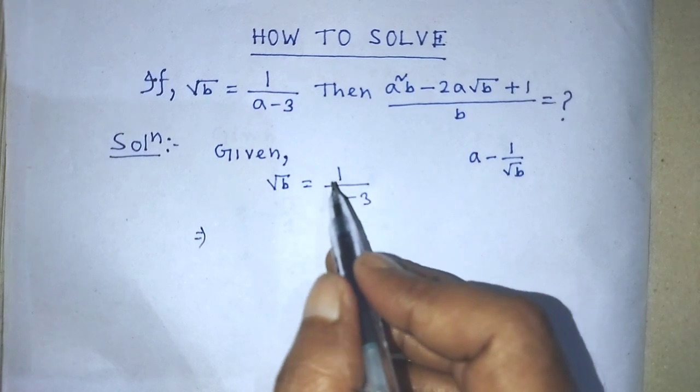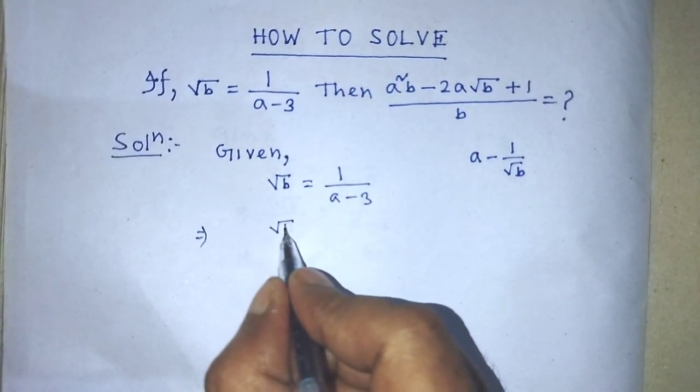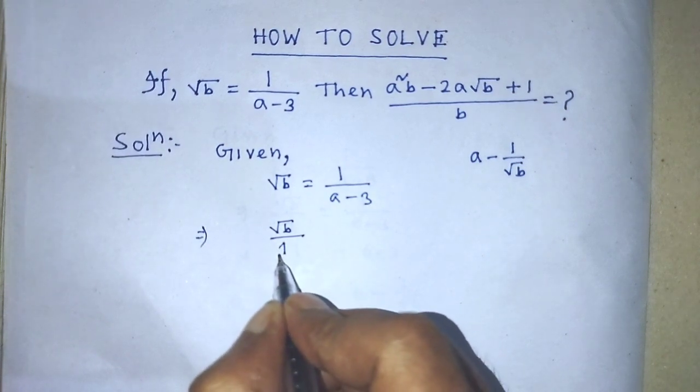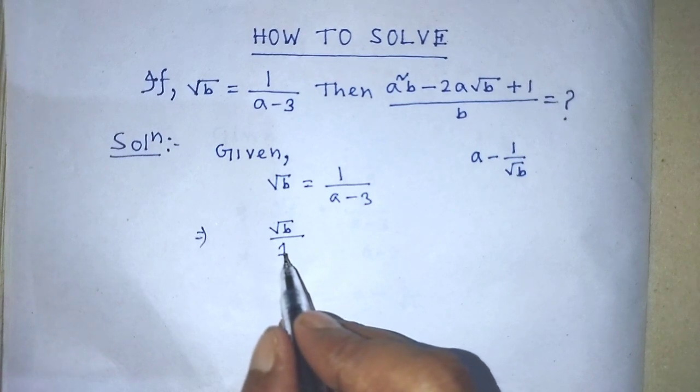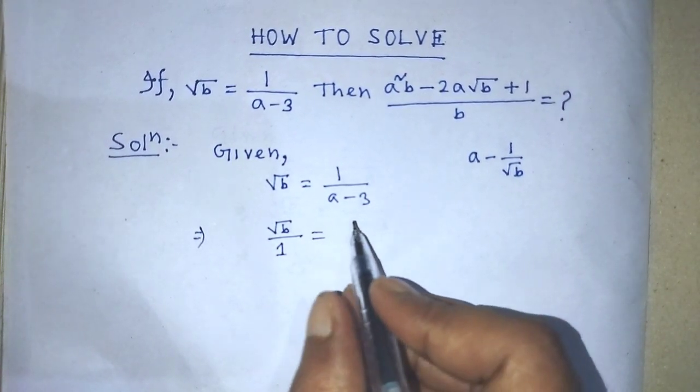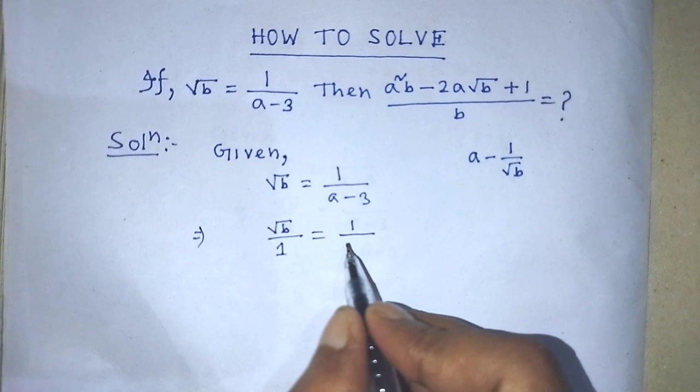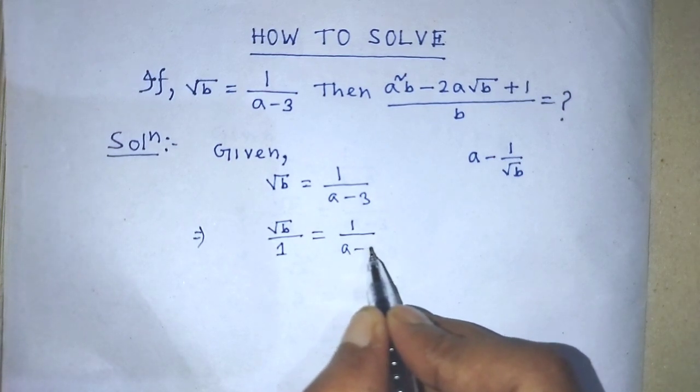So we can write root b over 1, because in the place of denominator there is no number, so we have to take 1 in the place of denominator, is equal to, on the right hand side, again 1 over (a minus 3).